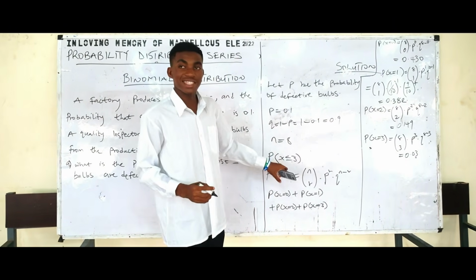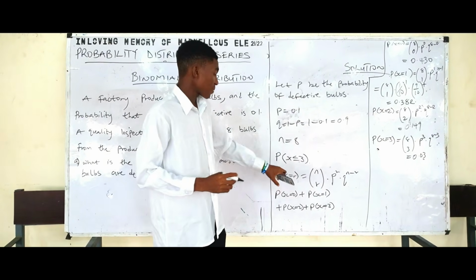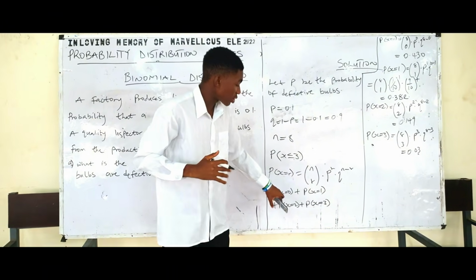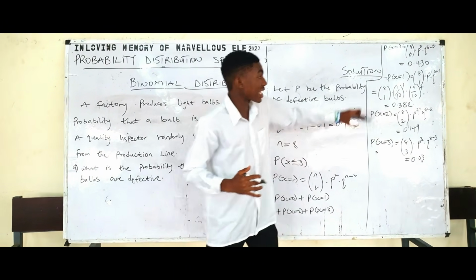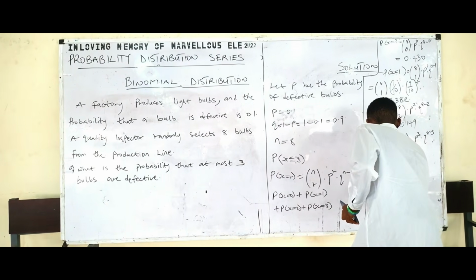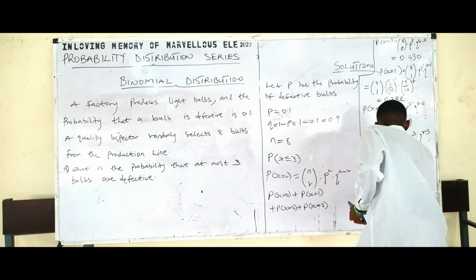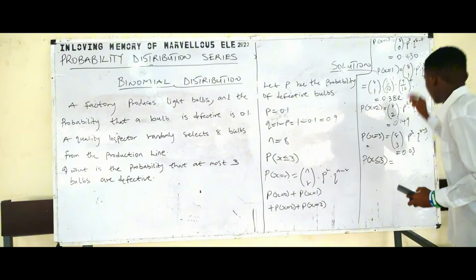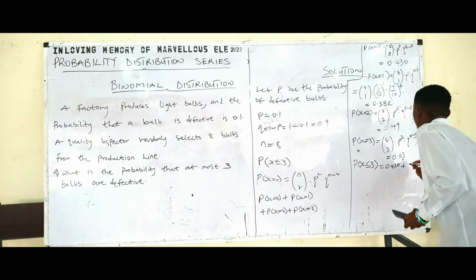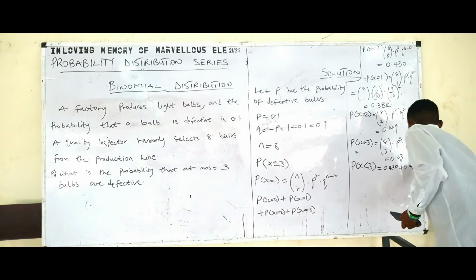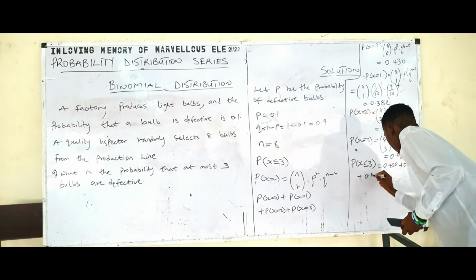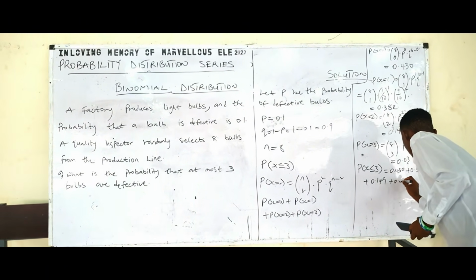So probability of x at most 3 means it should be less than or equal to 3, because 3 is the highest, meaning adding the probabilities of 0, 1, 2, and 3. So let's add our values. The probability of x less than or equal to 3 equals 0.430 plus 0.382 plus 0.149 plus 0.03.